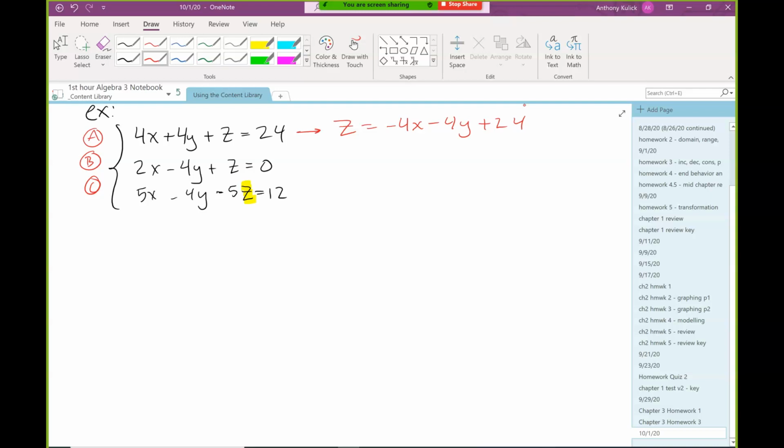Is everybody okay with that? All right. Then I'm going to take Z and plug it into B. And I'm going to take Z and plug it into C.